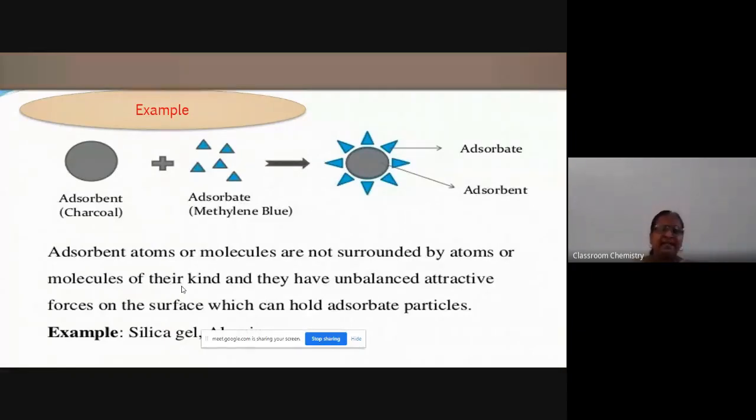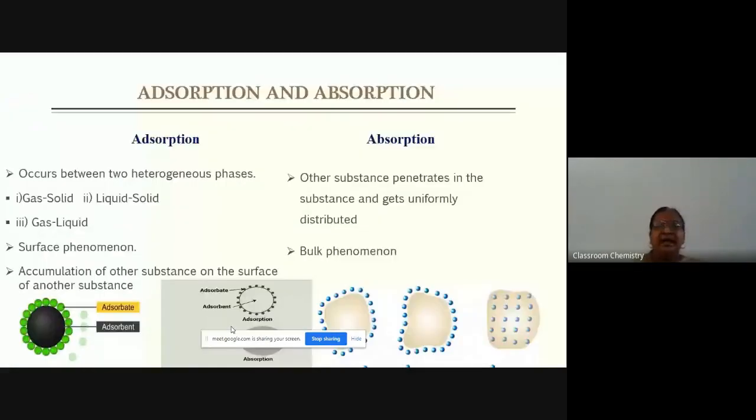When another substance comes in contact with that, it can hold that substance on the surface. That is known as the adsorbate. We have seen the example. Then consider that both these phenomena are known as the sorption.